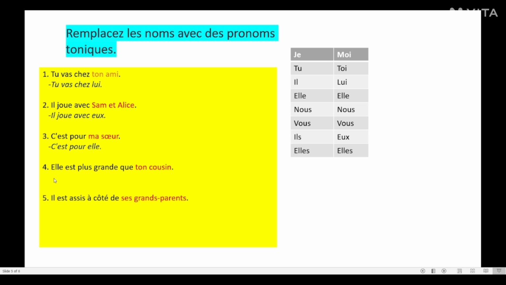Elle is her. Now, elle est plus grande que ton cousin. She is taller than your cousin. So ton cousin is lui. Elle est plus grande que lui. She is taller than him.